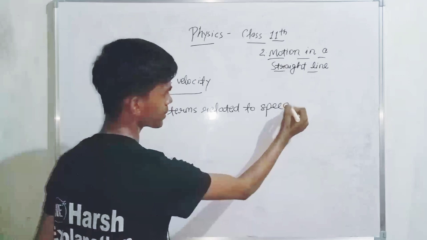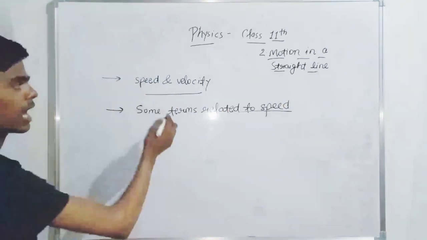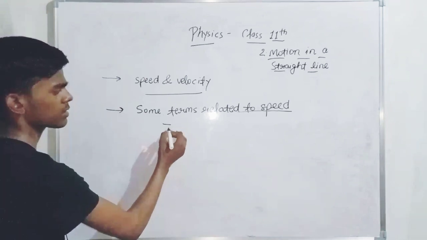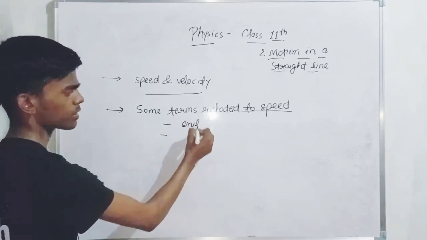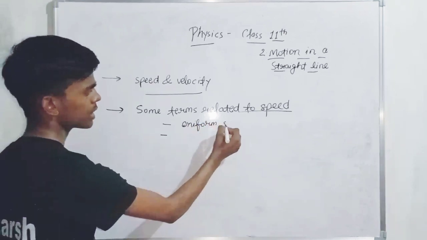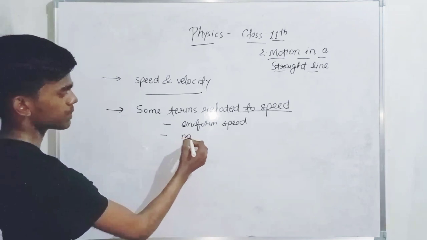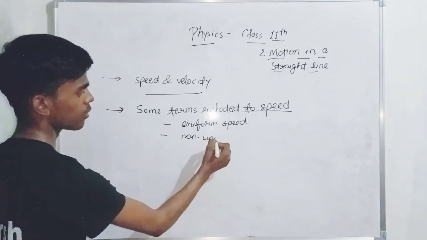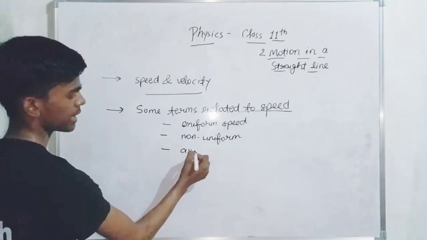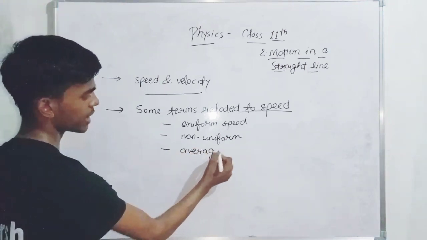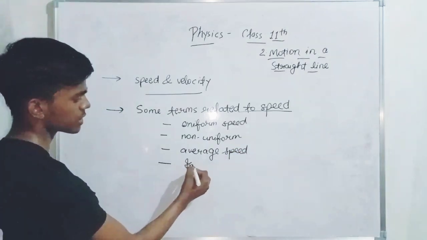If I mention here some of those terms: uniform speed, which you had seen in the previous video, as well as non-uniform speed. Then we had discussed average speed, and also instantaneous speed.